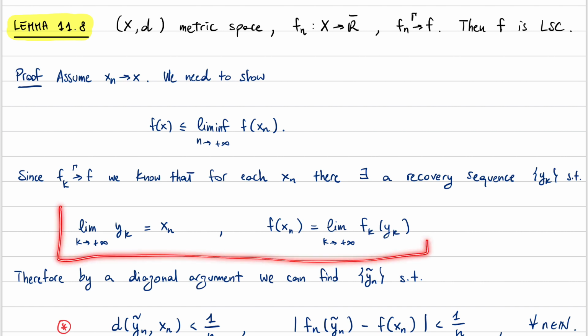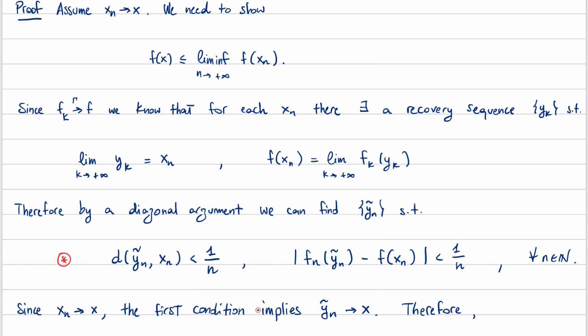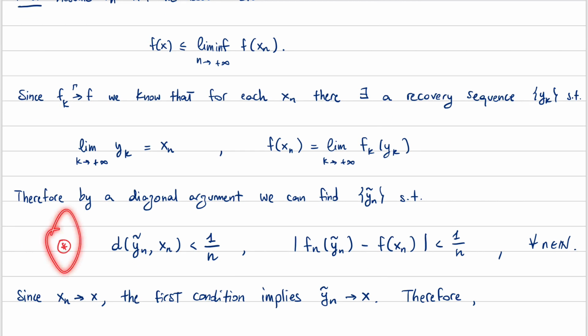Therefore, by this condition, which holds for every n fixed, and by a diagonal argument, we can find a sequence which we call y tilde n, such that star holds. And star says that the distance from y tilde n to xn is less than 1 over n.